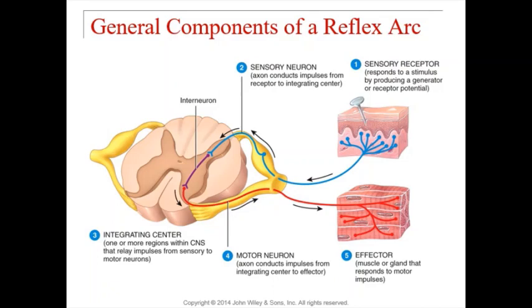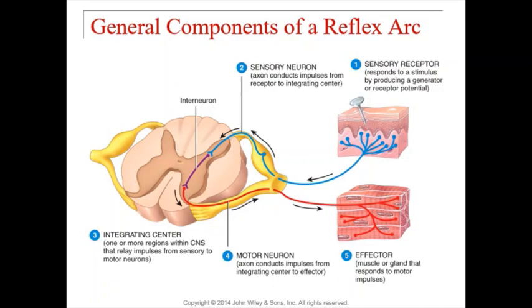And that sensory neuron is going to send the information to the integrating center, which is basically the control center. And in this case, the integrating center is your spinal cord. So your spinal cord is the integrating center. Your spinal cord will process that information and come up with a response.